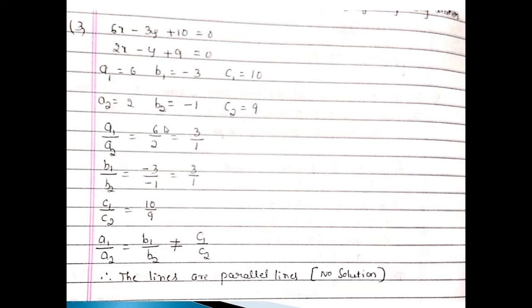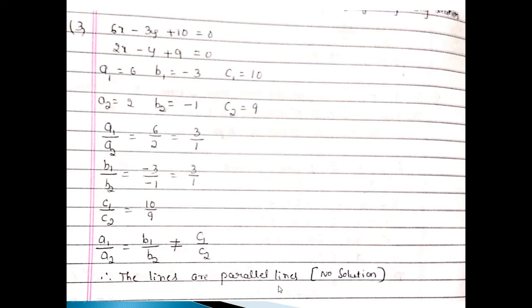Comparing A1 by A2, 6 by 2, that is 3 by 1. B1 by B2, minus 3 by minus 1, that is 3 by 1. So A1 by A2 is equal to B1 by B2. C1 by C2 is equal to 10 by 9. Okay. That is A1 by A2 equal to B1 by B2 but not equal to C1 by C2.